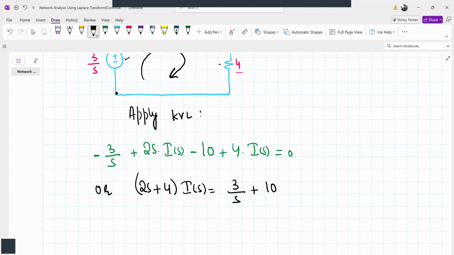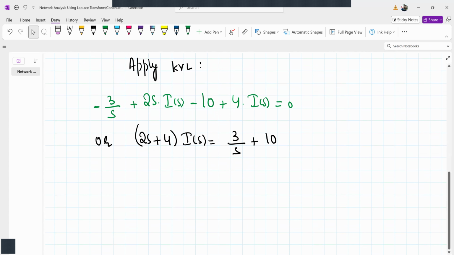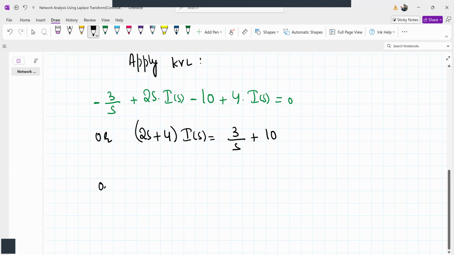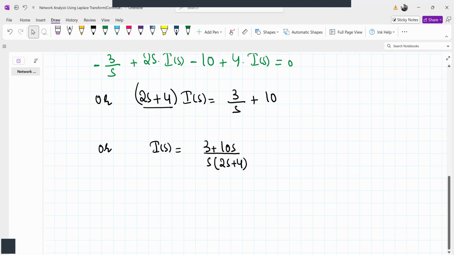Simplifying, I of s is simply equal to 3 plus 10s divided by s times 2s plus 4. So this is our current.